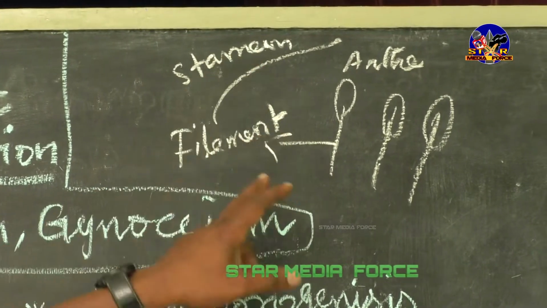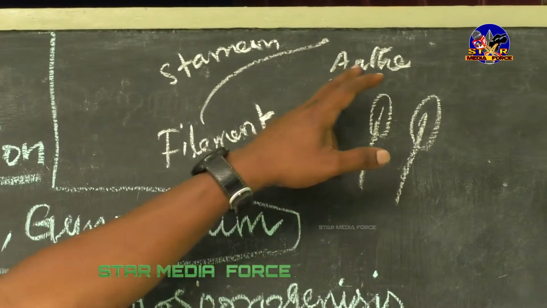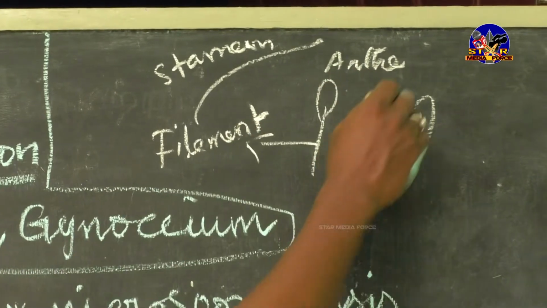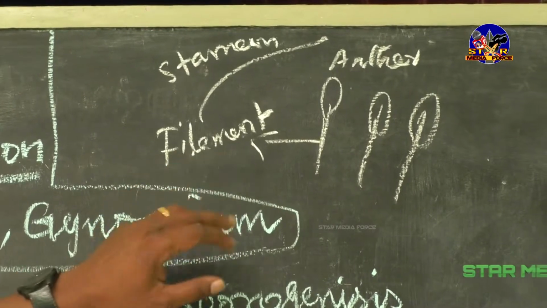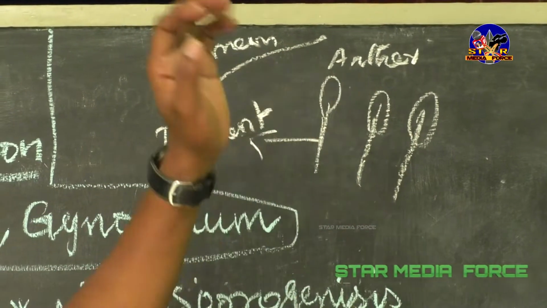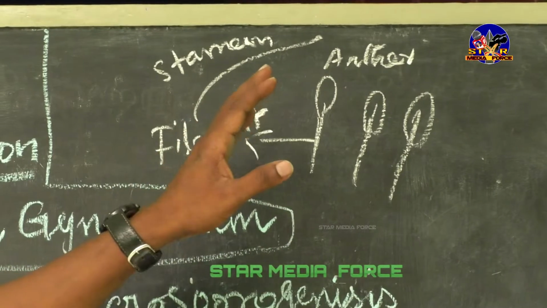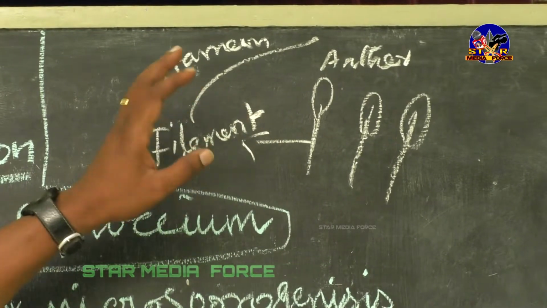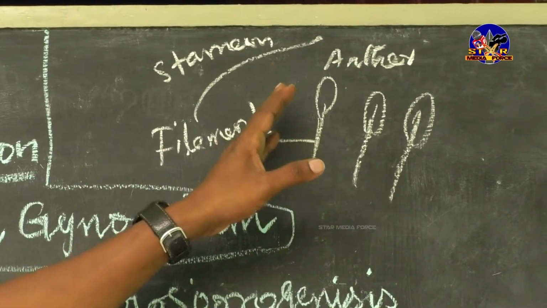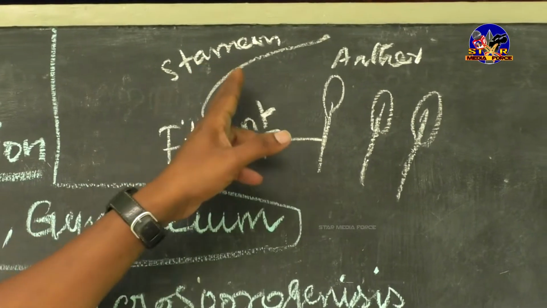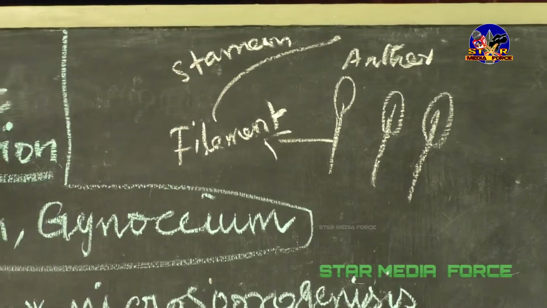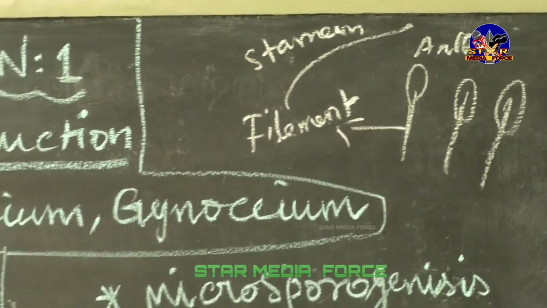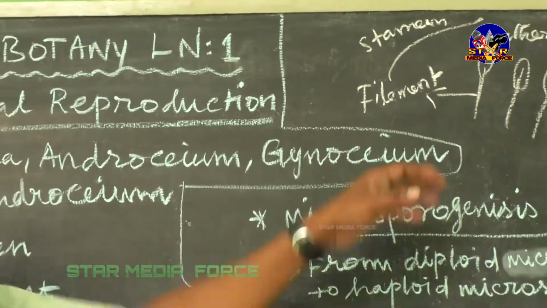One stamen consists of one bag-like structure, the anther, and a thread-like structure called the filament. So many stamens are present inside the flower, countable or innumerable. Totally they are called stamens, and another name is androecium. This is the male part.